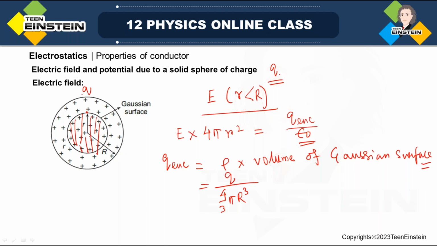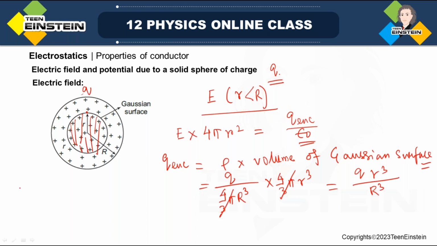This capital R is the radius of the sphere. So this is rho. What about the volume of this small sphere, the Gaussian surface? That is 4 by 3 pi small r cube. So this 4 by 3 pi will be cancelled from both sides. So I can write Q r cube divided by capital R cube. So this is the charge enclosed.